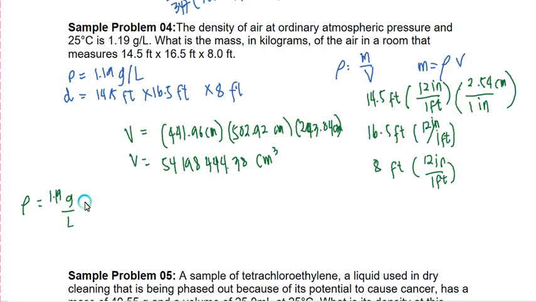I will convert to kilogram so it is easier. In one kilogram there are 1,000 grams, and 1 liter is equal to 1,000 ml.